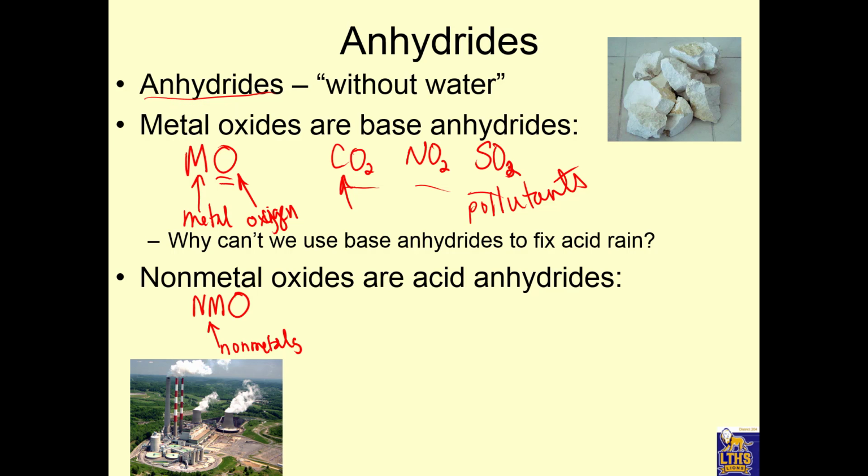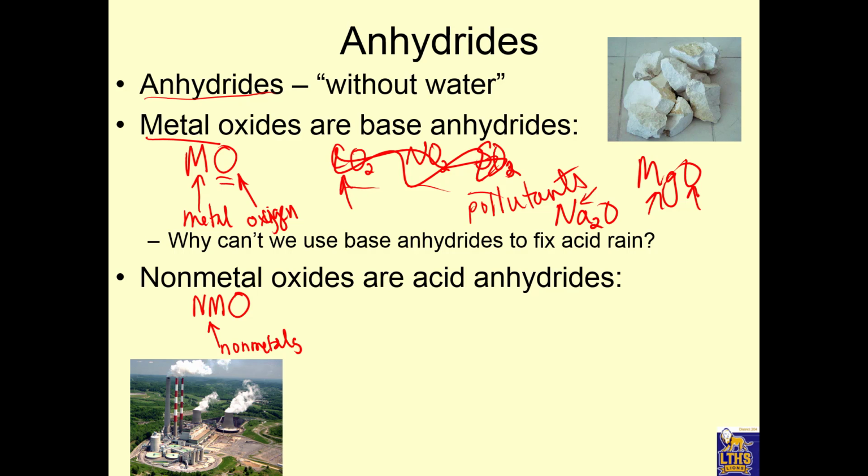So, a metal oxide would be something like magnesium oxide, MgO. Metal plus oxygen, see, metal. Another metal oxide would be sodium oxide, so it's a metal.